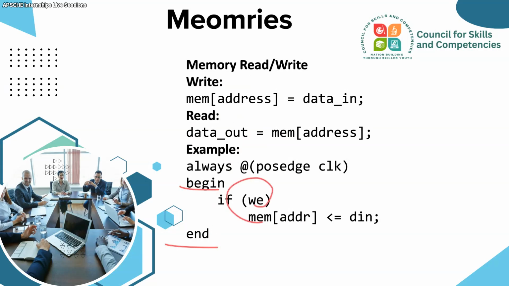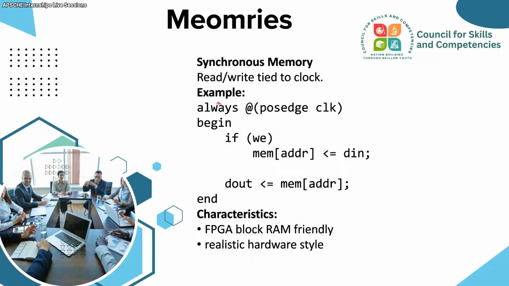If the wire is enabled for the memory address, then we use a non-blocking assignment. Okay, so these are some examples for the memory.